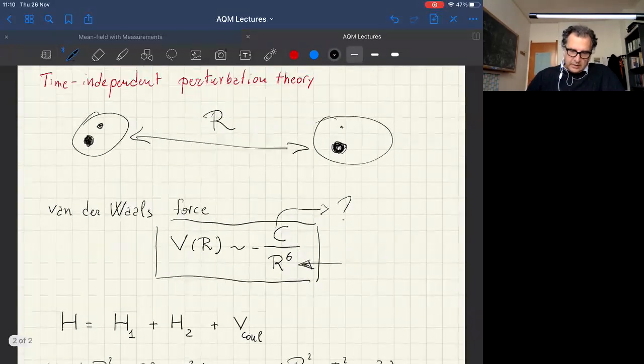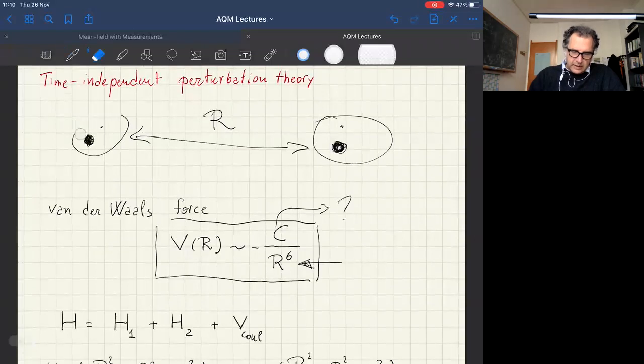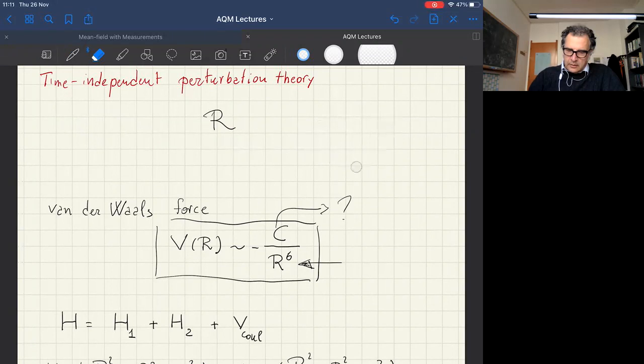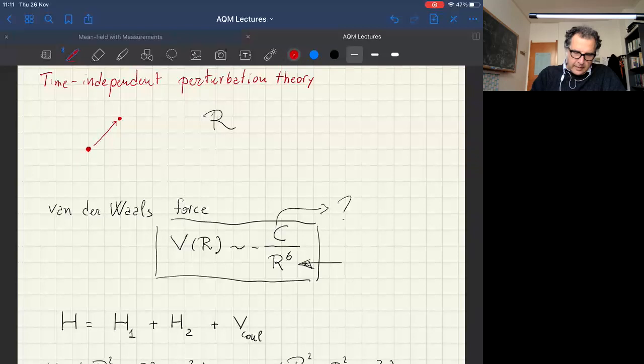So let me say, if I can do it better here, if you have the two atoms, so you have this, and this is the electron, so this is r1. And similarly you have r2.